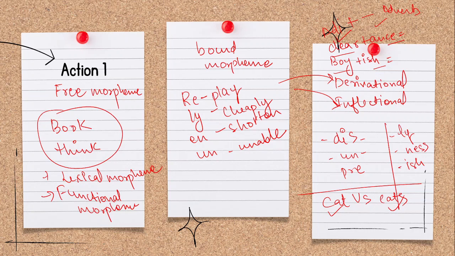The main function is marking grammatical distinction. For an example, collects versus collected. Correct? Here it shows present versus past. One more example is loud versus louder. Here it shows the grammatical distinction of positive versus comparative degree.